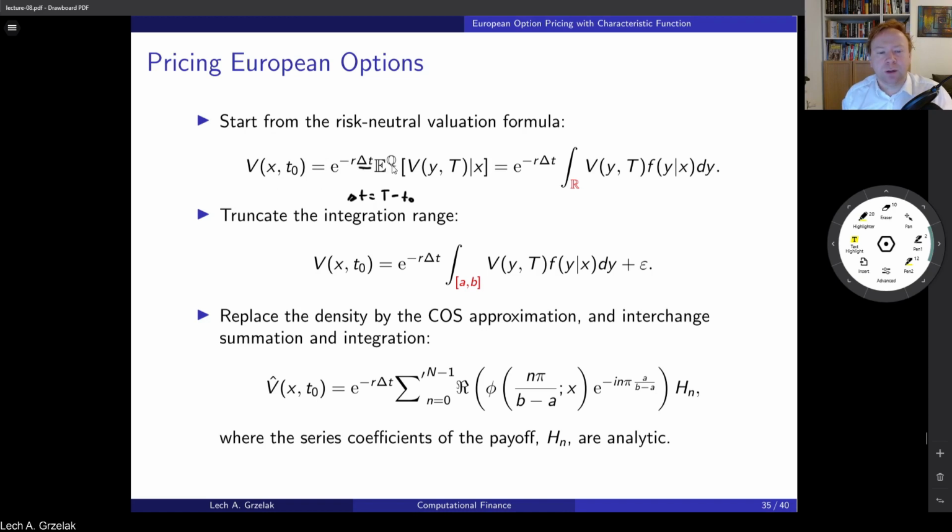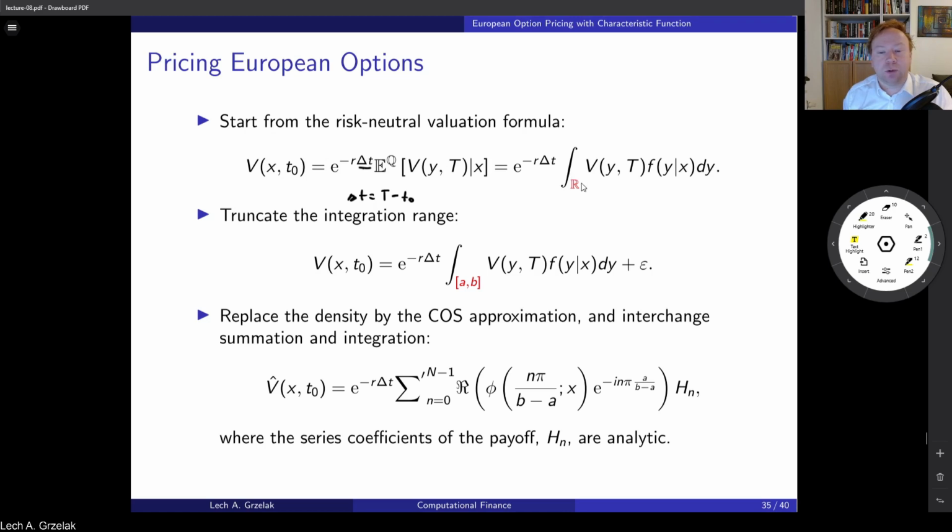And now we have an expectation under the risk-neutral measure. This means that the density that we are using here has to be under that measure. And we have a payoff function of y. So y in this case is our stock, with the density that we have recovered from the COS method.